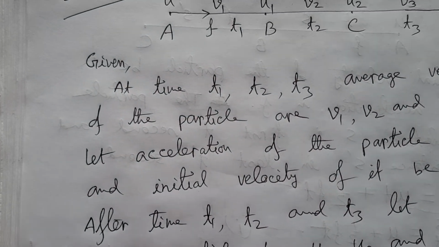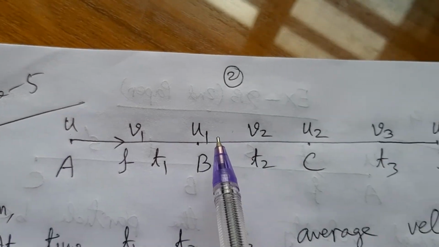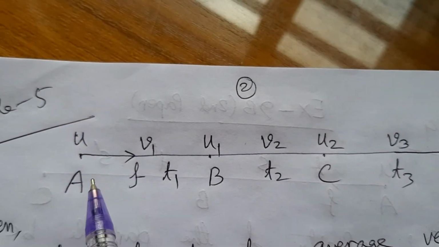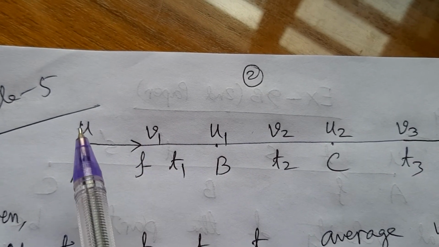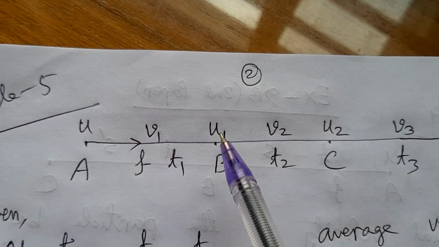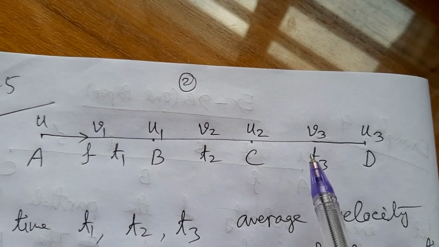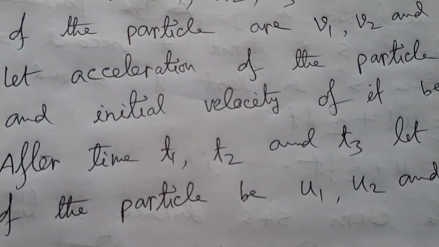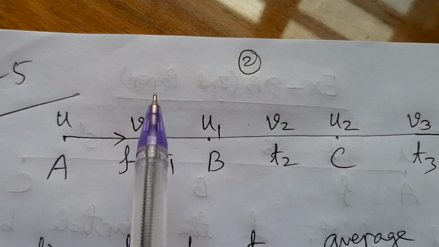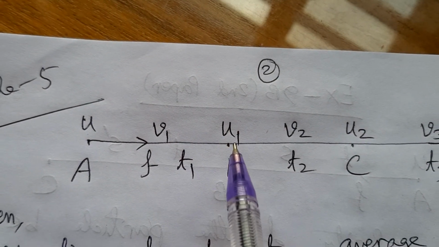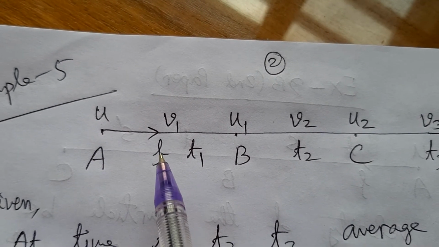So at first we will find out these unknown values u1, u2, u3, and therefore we will write the formula of average velocities: v1 is equal to (u plus u1) by 2, v2 means (u1 plus u2) by 2, and at last v3 is (u2 plus u3) by 2. The formula is v is equal to u plus ft. So u1 is equal to u plus ft1.